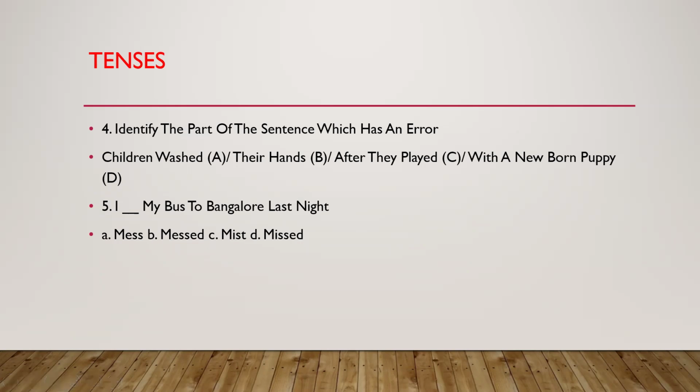Here we see that after plus, next immediately we have after plus had plus V3. But here we see that only it is a simple past and then we have past perfect. So here option C is correct. Why? Because here we are using after they had played.